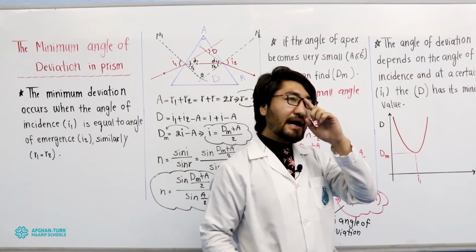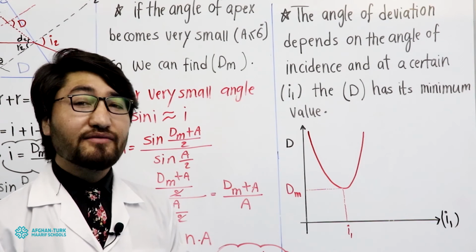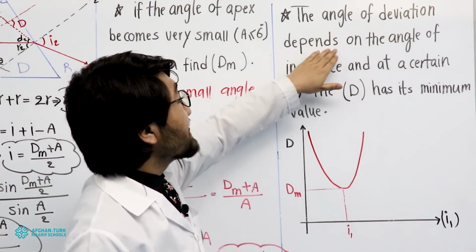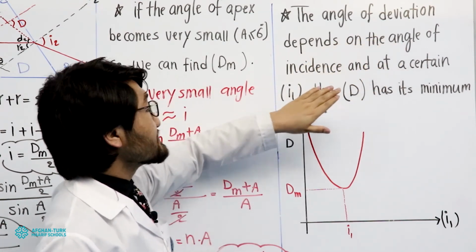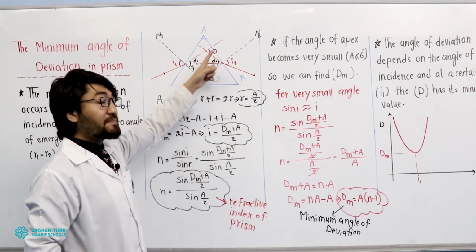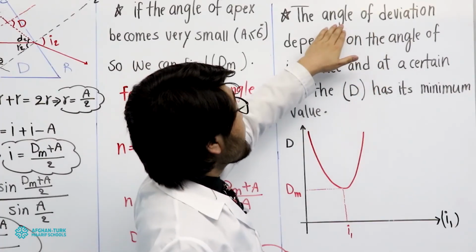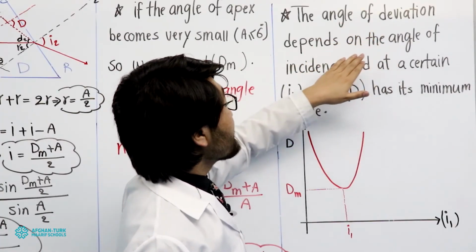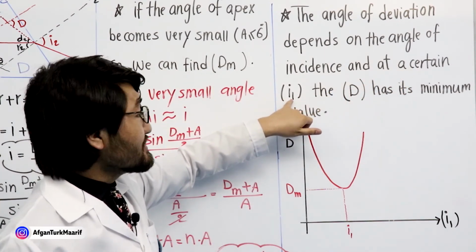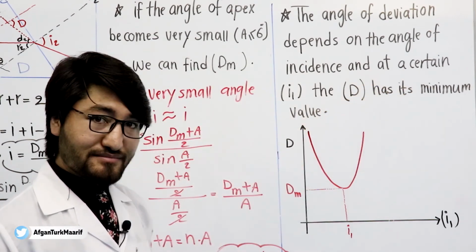The angle of deviation depends on the angle of incidence. Remember this point. See, this is the angle of incidence. The angle of deviation depends on the angle of incidence, and at a certain angle of incidence, the angle of deviation has its minimum value.